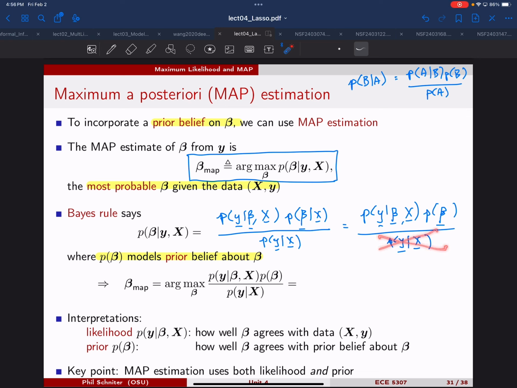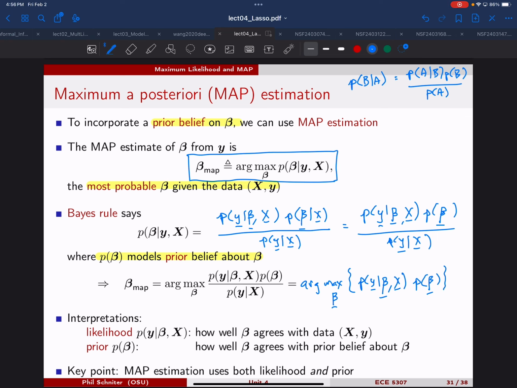It doesn't really affect my maximization. I really just need to worry about what happens in the numerator. So finally, down here I get arg max over beta of this product, P of y given beta and x, the likelihood, times P of beta, which is my prior.